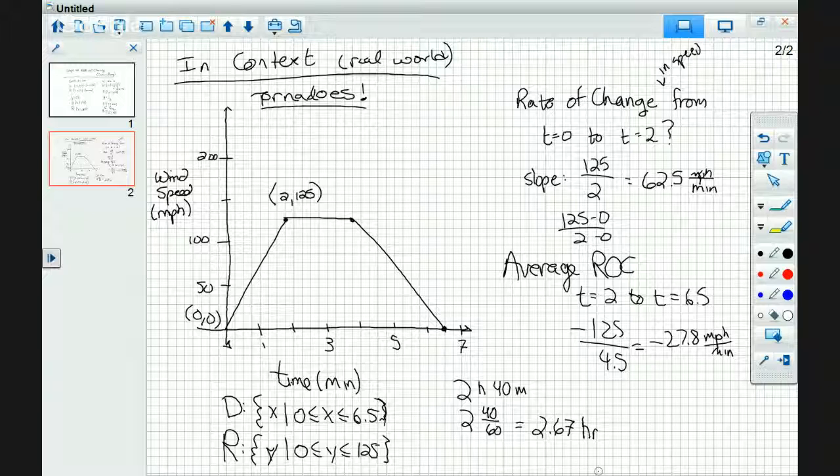1, 2, 3, 4, 5, 6. Well, I'm taking started on the page. Turn sideways. That's like 1 column right there.